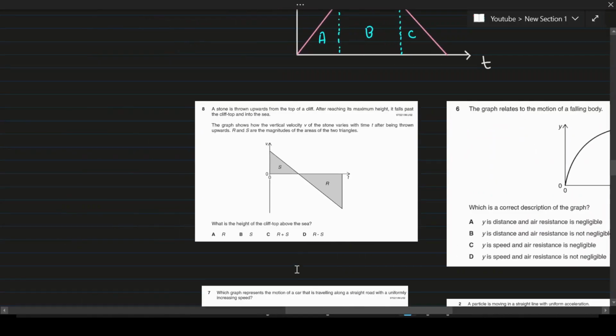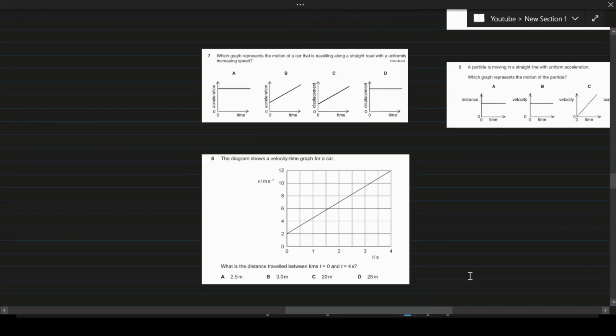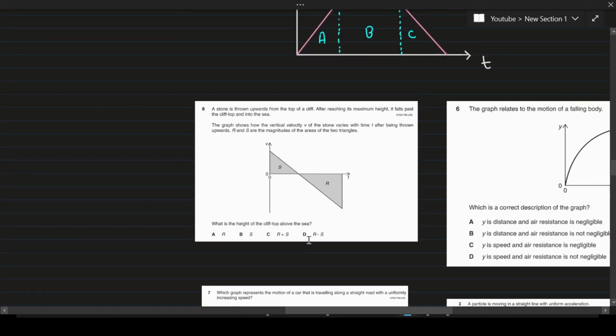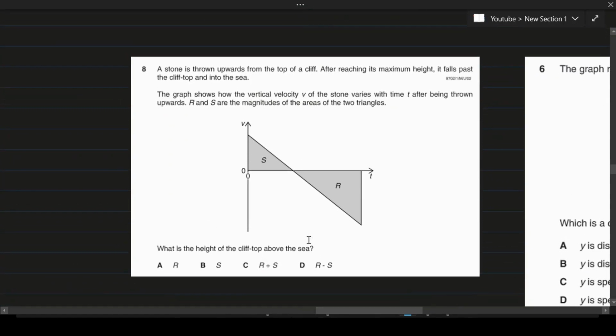Then this question states that a stone is thrown vertically from the top of a cliff. So the second MCQ states that the stone is thrown upwards from the top of a cliff. If I draw a diagram, this is a cliff and this is the stone.